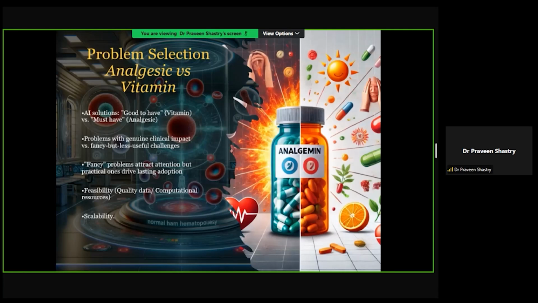We have to chase a problem that genuinely has a clinical impact and is not very niche. There's this fancy problem trap: hard-to-crack, resource-intensive problems might not deliver impactful solutions. So focus on real-life, less glamorous problems which are ubiquitous, which are there everywhere and need to be solved. And make sure we are more on doctor augmentation rather than doctor replacement protocols.